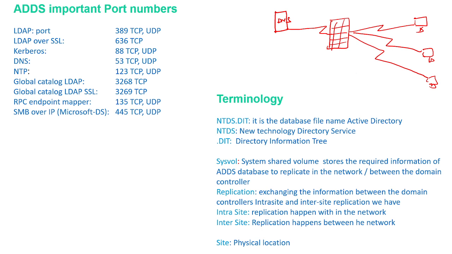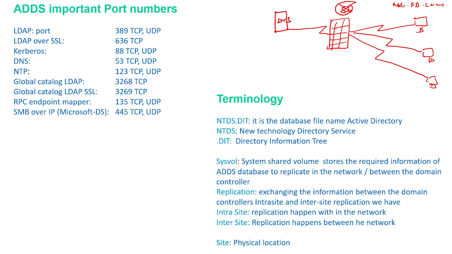If the DNS port 53 is not opened here, when the user types www.facebook.com, it will try to resolve it to the IP address.